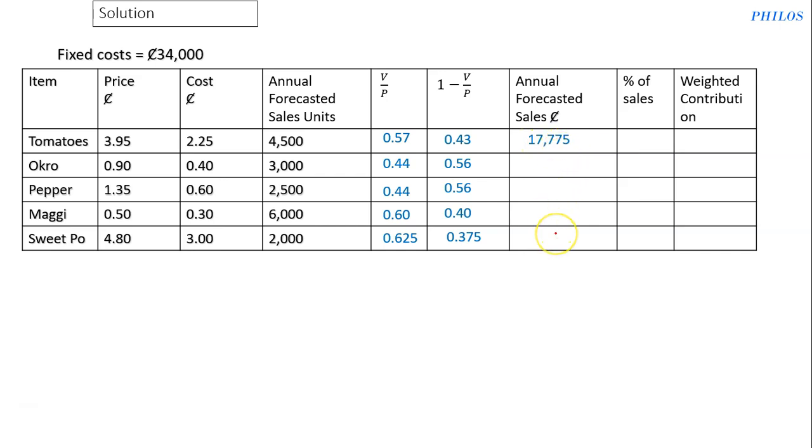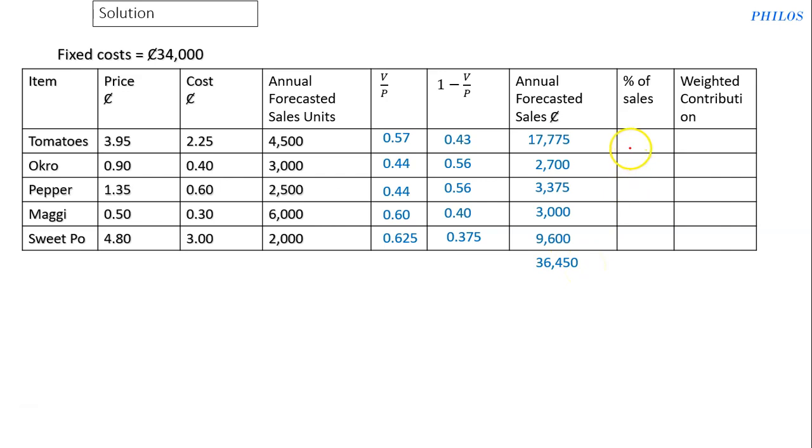So you do that for the rest also. 6,000 times 0.5 will give you 3,000. And 2,000 times 4.8 should give you 9,600. And after doing that also, you find a percentage of sales. Okay. To get a percentage of sales, first you need to find the total of this. Okay. And the total of this is 36,450.